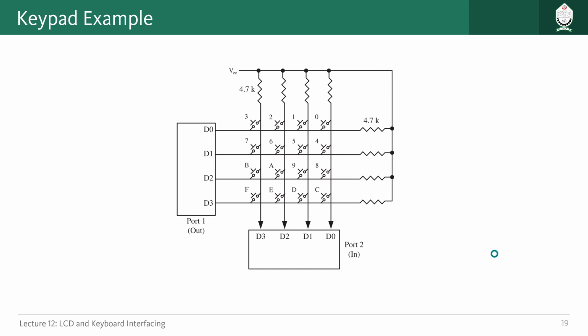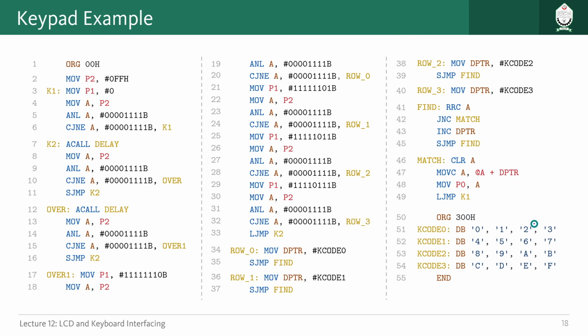In our keypad we have 16 different buttons and each represents a hex character, 0 up to F. For representing each of them we have stored these values here, arranged in such a way that if we know the row and column of the key which has been pressed, we can locate the corresponding ASCII character that represents that button.